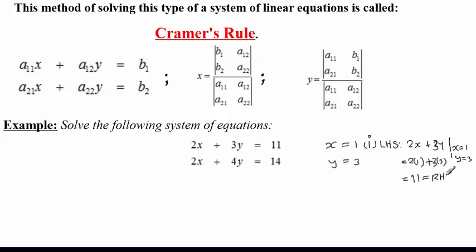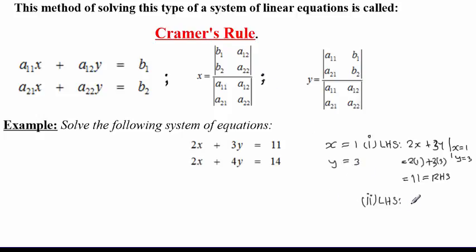So this solution satisfies the first equation, but that's not enough. Then we come to the second equation, the left hand side again. In other words, I'm in the process of checking whether this is really a solution. Then after that, we'll use this method and see whether we get the same solution.